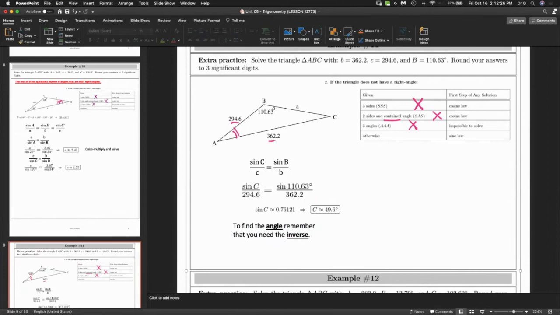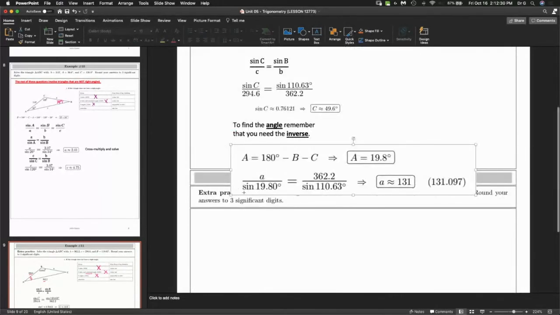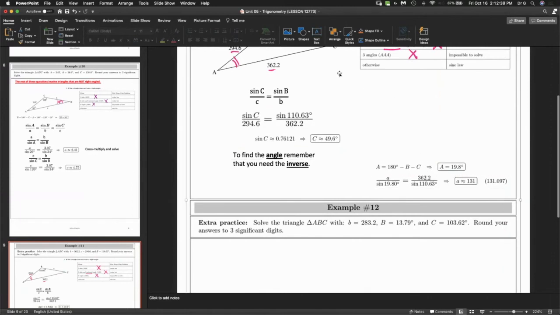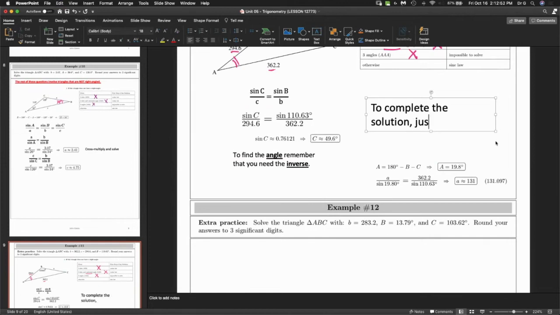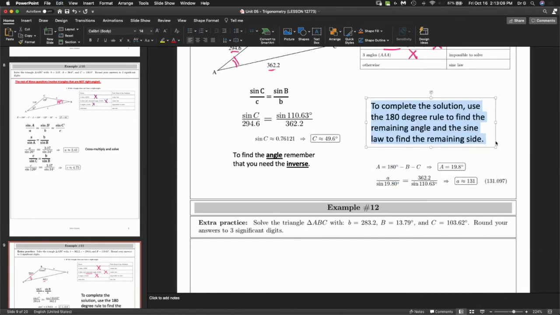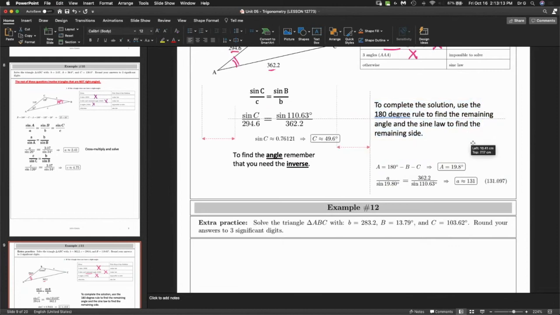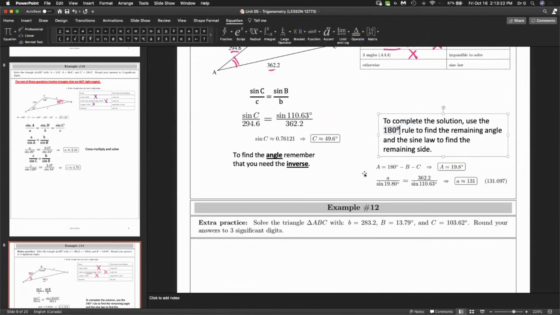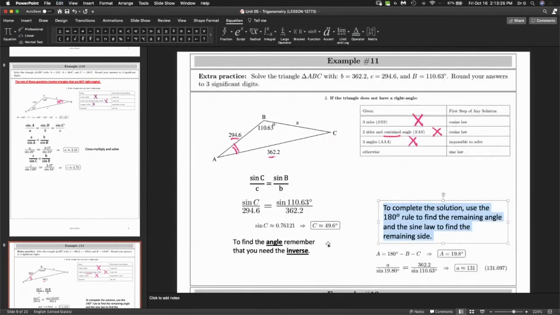That's okay. So now you can finish the question by finding angle A and side A. There we go.